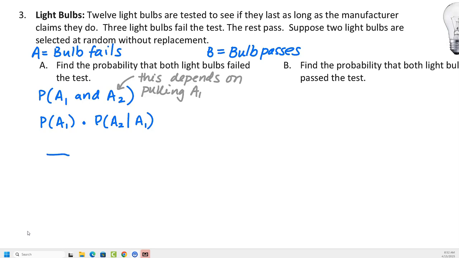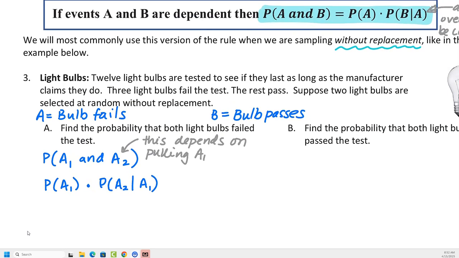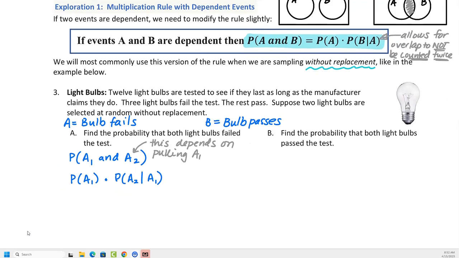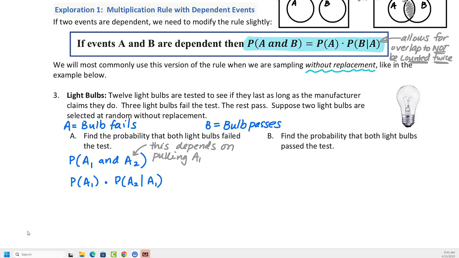I like to think of it this way. For the first one, A1 occurring, we're looking for the probability that it fails. So how many of the bulbs fail? Oh, wait, hang on. Let's make sure we have information here. How many bulbs are there total? Don't we have 12 bulbs?